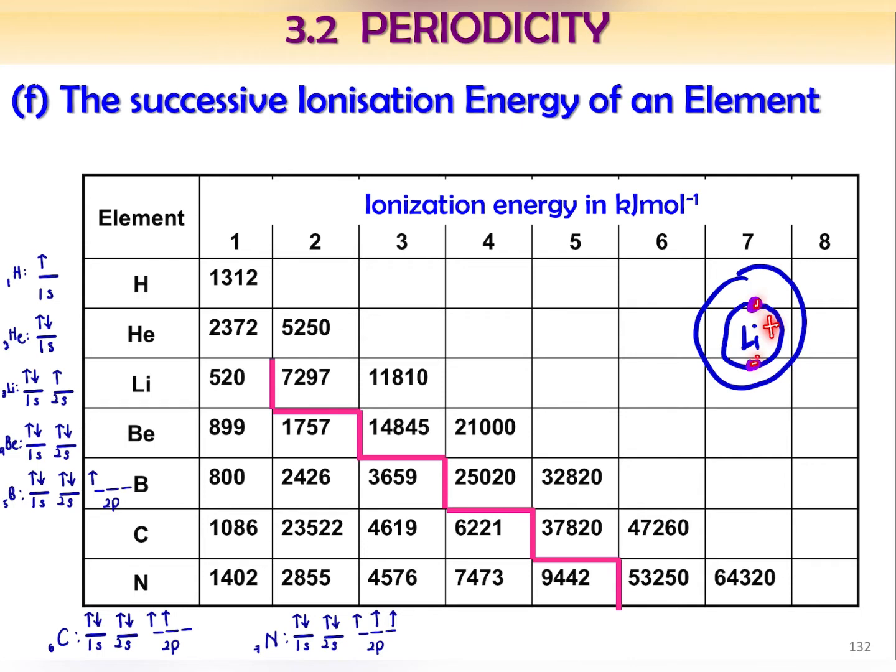Okay, so bila kita nak remove the second, tadi kita remove first electron kan. So when you have enough energy, bila lithium ni dapat enough energy, 7297 kilojoule, so it is enough untuk dia remove the second electron.